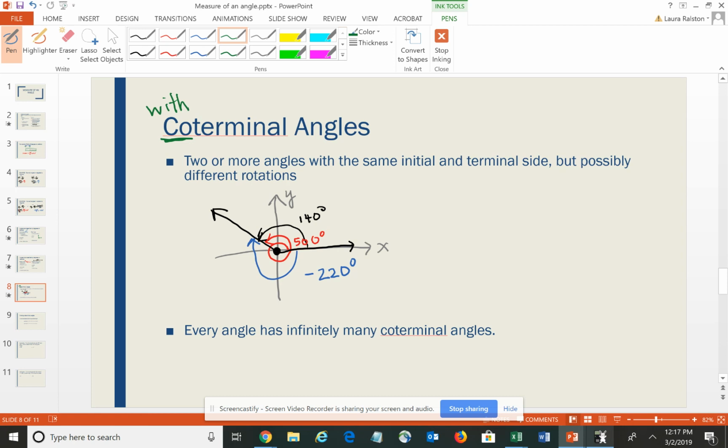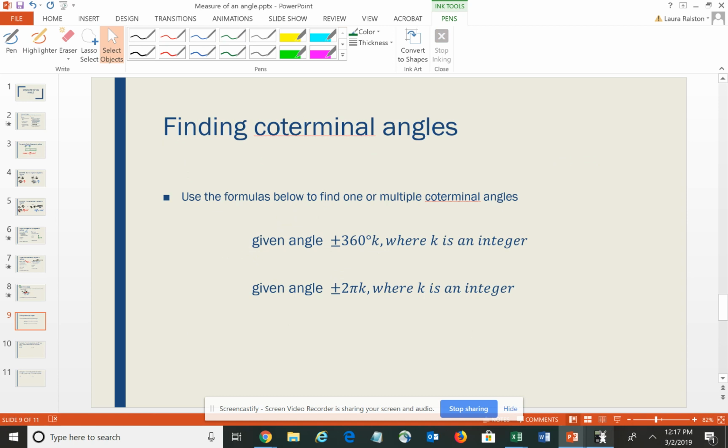But again, we can use this concept to help us find angles that are not negative, and also to find angles that are not greater than 360 degrees. And here are the formulas that you use for doing that.